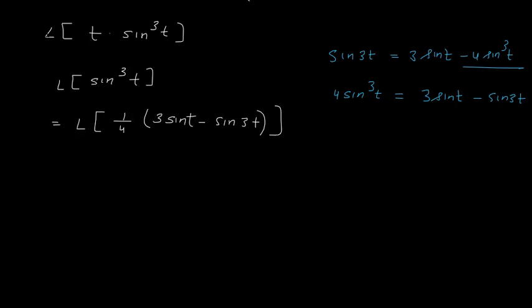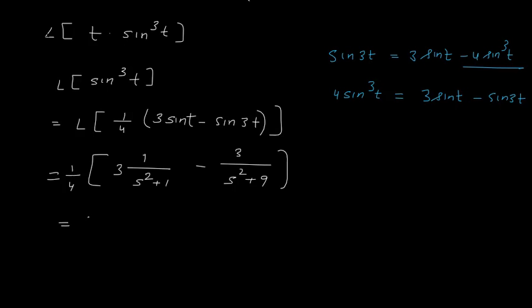Now I can find the Laplace. 1 by 4 I will take out. This will be 3 into Laplace of sine t, which is 1 upon s square plus 1, minus Laplace of sine 3t, which is 3 upon s square plus 3 square, that is 9. So this 3 also we can take out.